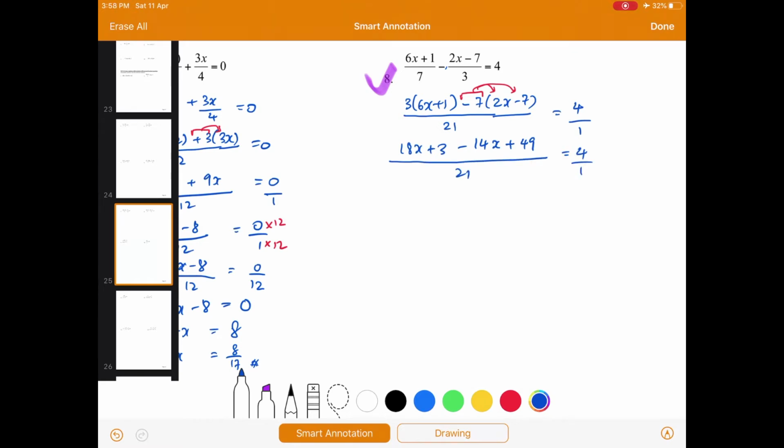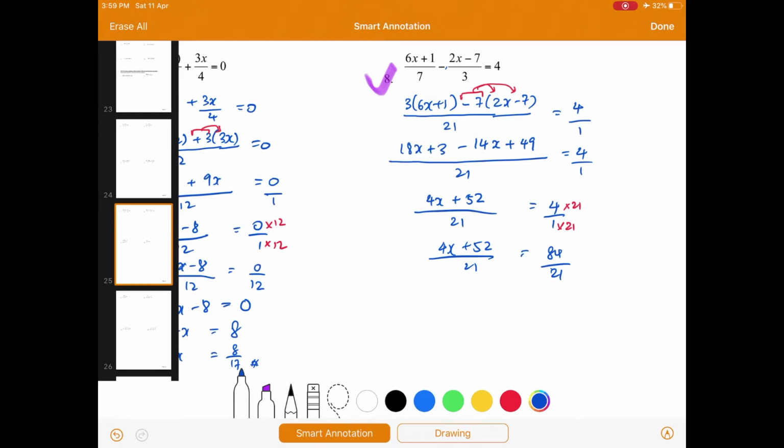Okay, so let's simplify this fraction on the left hand side. We will get 4x, 3 plus 49, that will give us 52. For the fraction on the right hand side, I want the denominator to be 21, same like the one on the left. So I have to multiply the numerator and denominator by 21. So this will give us 84 over 21.